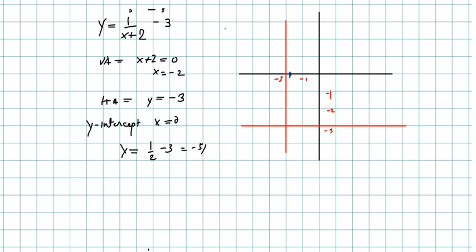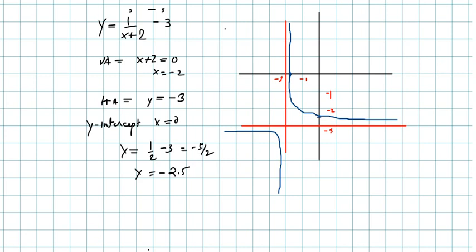So, minus 5 by 2 gives me y equals minus 2.5. Okay. So, minus 2.5 will be somewhere here. So, the positive curve will be going like this. And for the negative one, the negative half will be going this way.